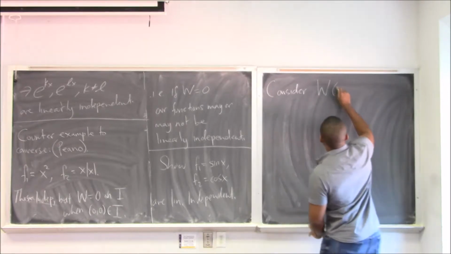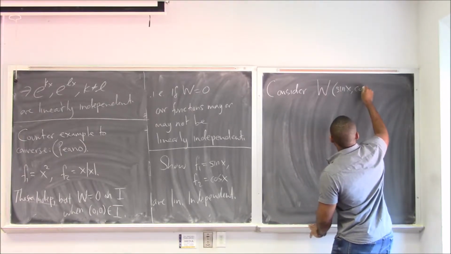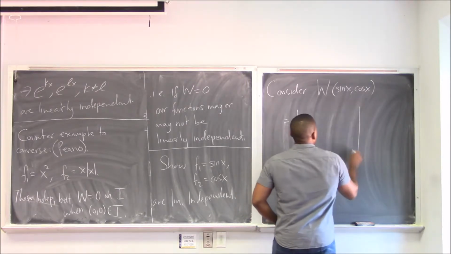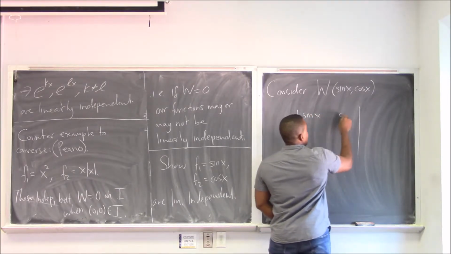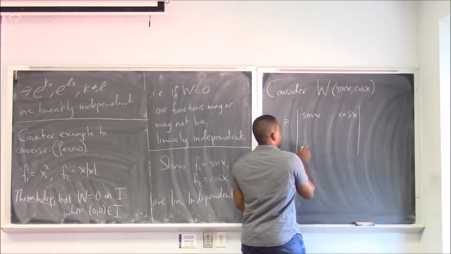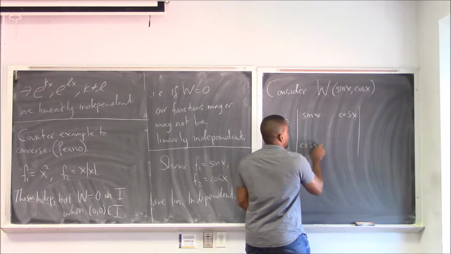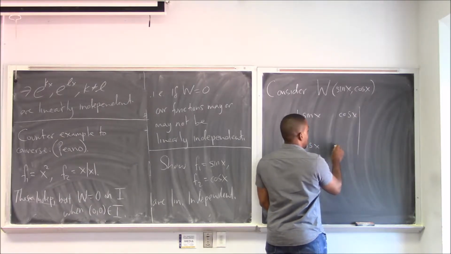So consider the Wronskian of sine and cosine. This would be the determinant of, again, two functions, so I differentiate once: derivative of sine is cosine, derivative of cosine is negative sine.